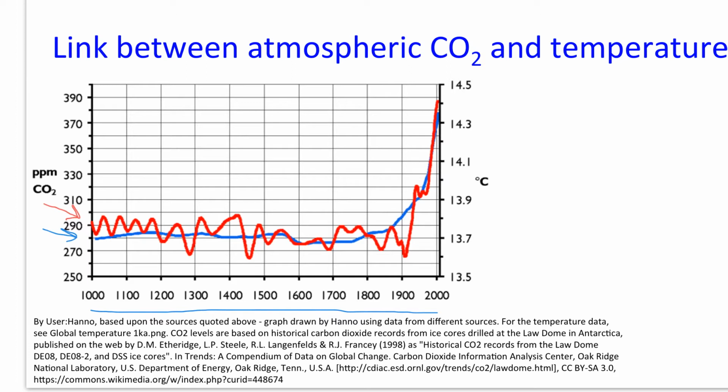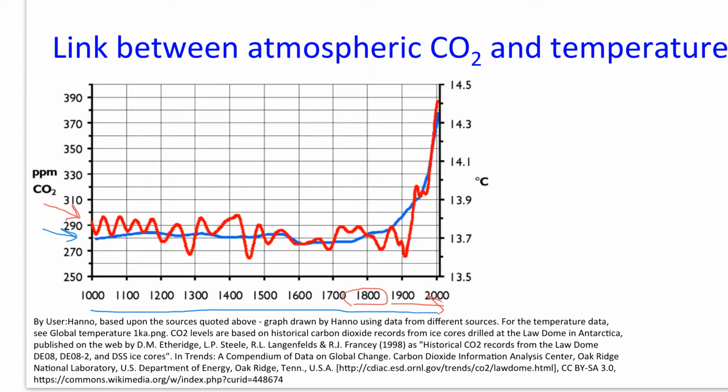What we see is that carbon dioxide was fairly flat for most of this time period, but started increasing sometime around 1800 and has been increasing at an accelerating rate over the last 200 plus years. When we look at the temperatures, we see there's more fluctuation.